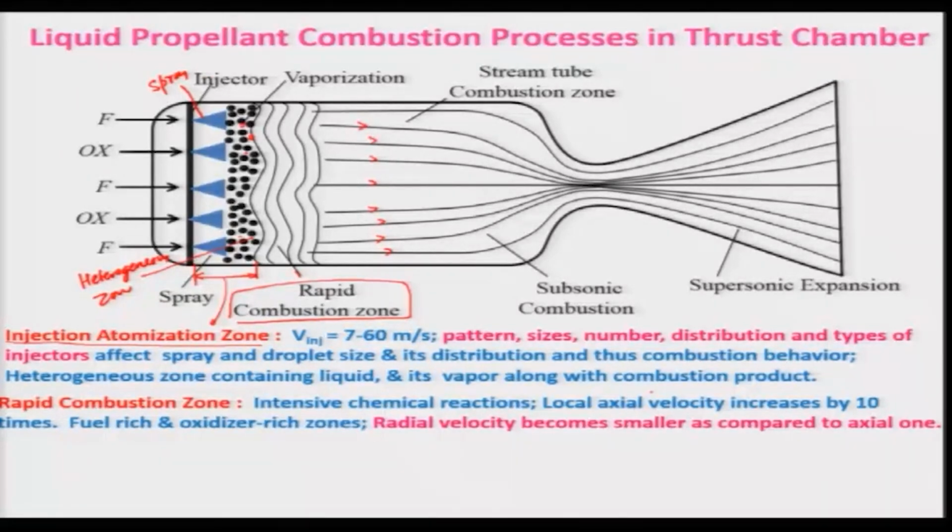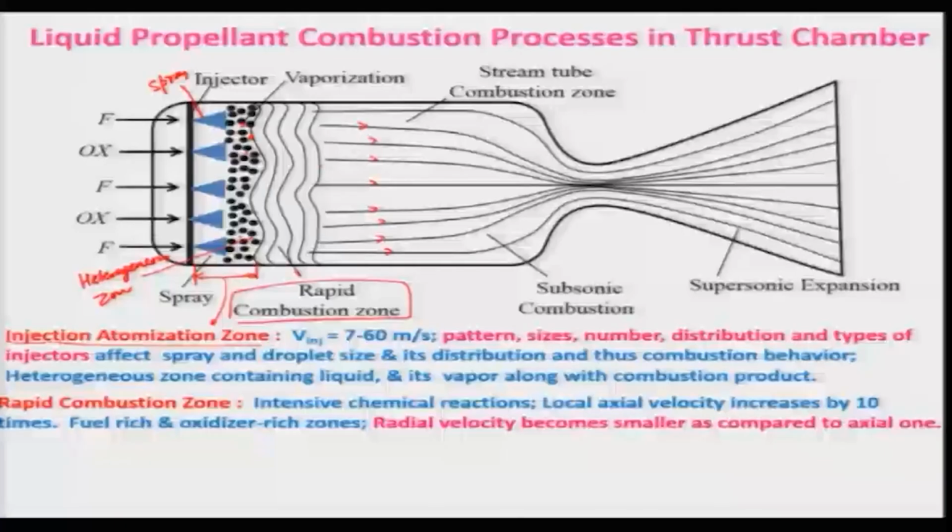The local axial velocity will increase at least by 10 times or even more, depending on the temperature ratio, and this is due to thermal expansion. Besides this, fuel rich and oxidizer rich zones might occur in various pockets, and the radial velocity becomes smaller as this combustion takes place.